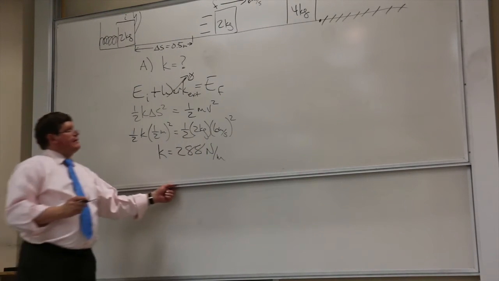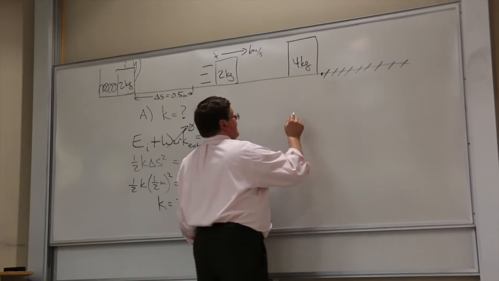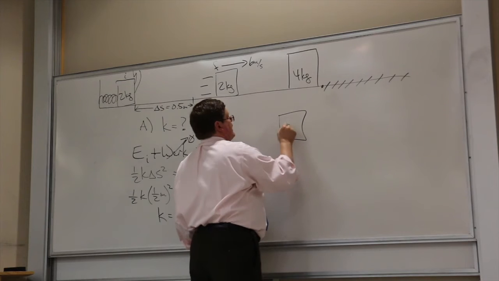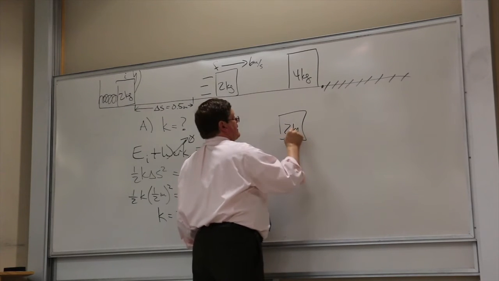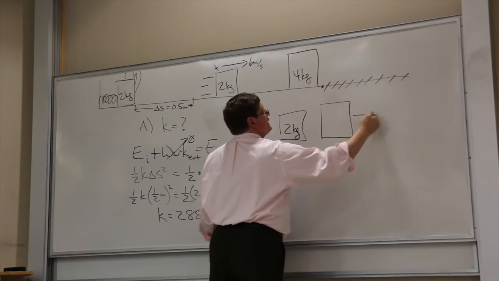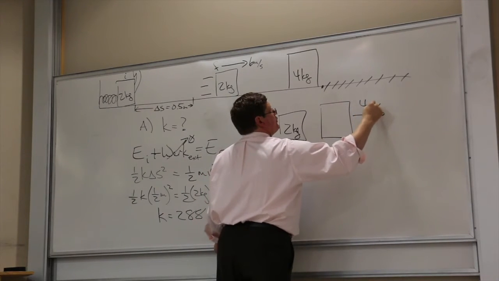Now, in part B of this problem, we have a collision. The small block comes in and collides with the large block, sending it off at 4 meters per second.